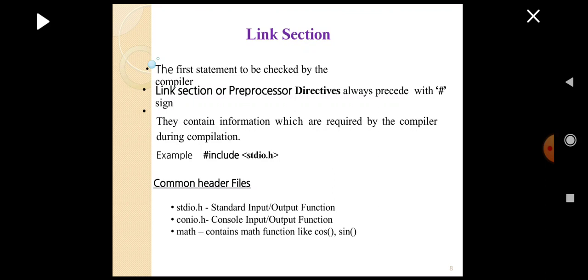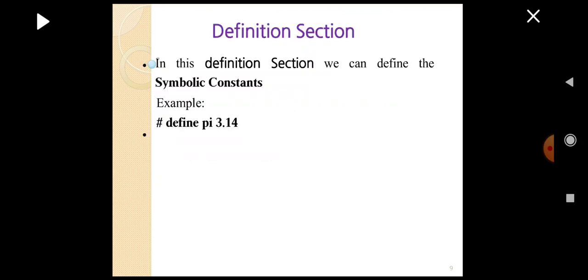For using these functions, we have to include the corresponding header file in our program. Some of the common header files are stdio.h, standard input-output functions, console input-output functions, and for including some of the mathematical functions like cos, tan, square root, we use math.h header file.